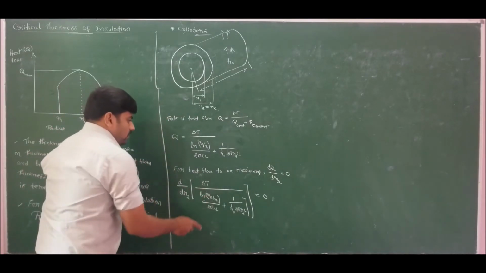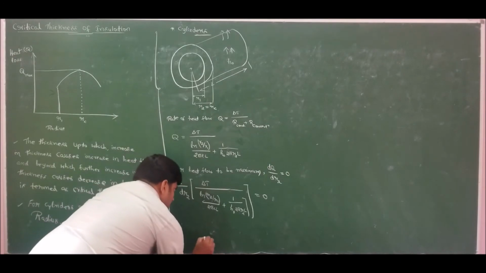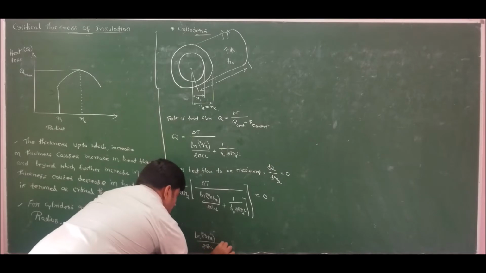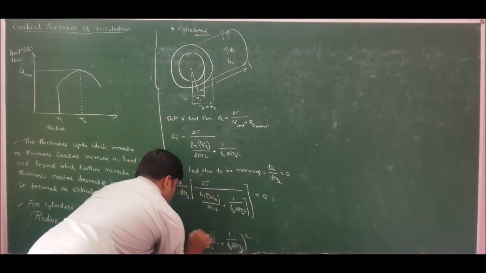So this is of the form u by v, which gives denominator square, that is, ln of R2 by R1 divided by 2 pi KL plus 1 by h naught 2 pi R2 L, whole square.